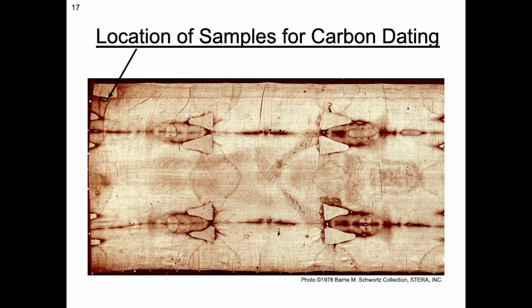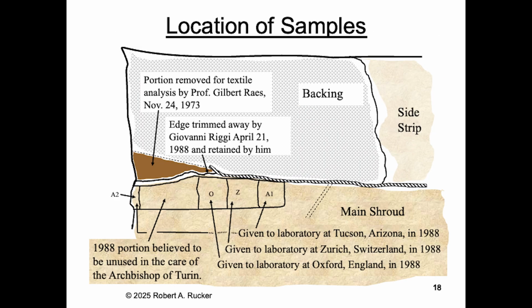So that's, and then this is my diagram. So whenever you see this, I drew this. So that's not too bad. I just recently changed. I had positioned A2 here. I've moved it over to here. So I think it actually came from that location. And I talked to Joe Marino about this, and he agrees with me on that.